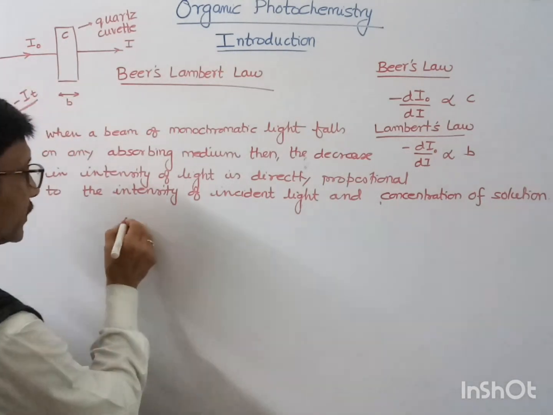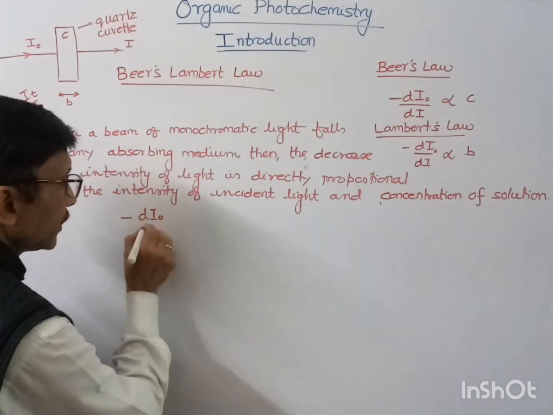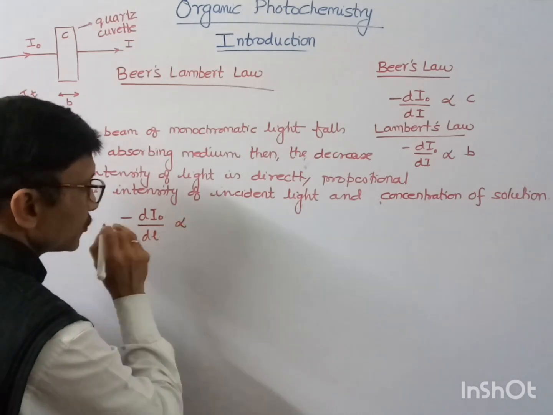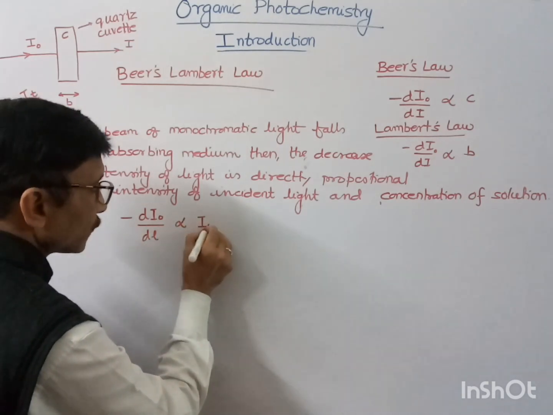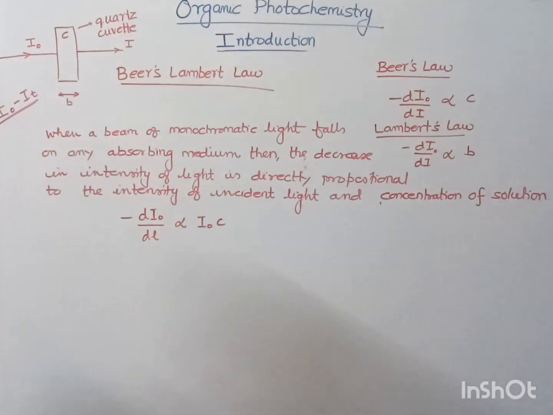So mathematically we can write dI upon dL, the decrease in intensity with path length, is directly proportional to the intensity of light and the concentration of the absorbing medium.